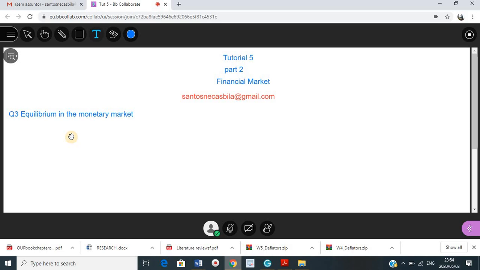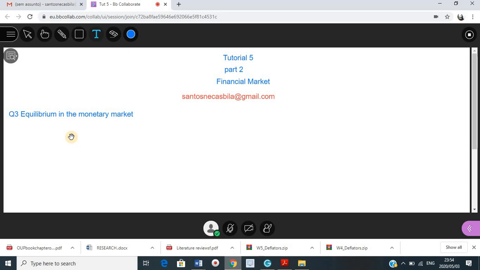The first one is the one that we are used to, which is supply and demand for central bank money. And the second one, which we're going to talk about today, is the supply and demand for reserves from the central bank.